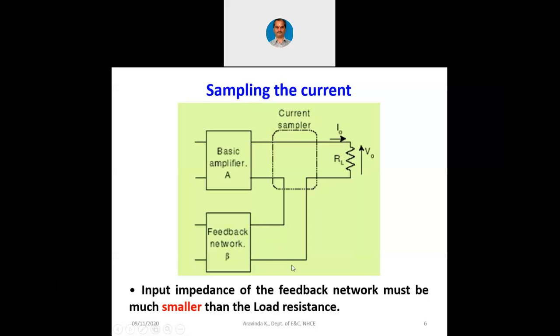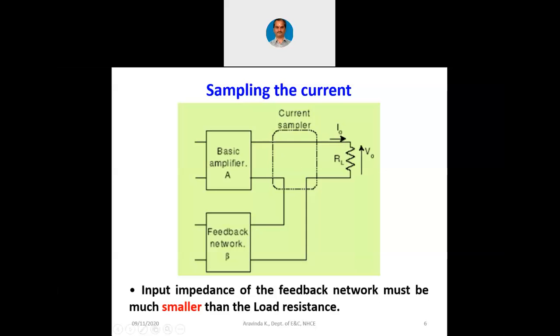Along with the load, you will have a series resistance at the input side of the feedback network. Now this should be much smaller. The reason is, as I told already in the previous slide, all the power has to be supplied to load resistance only.